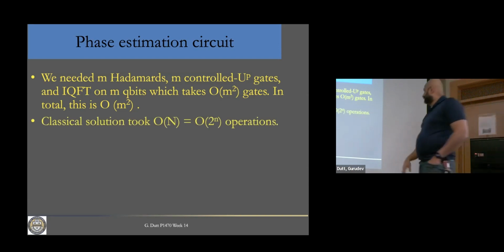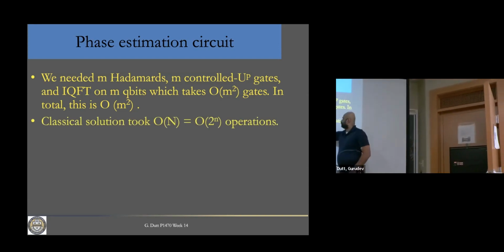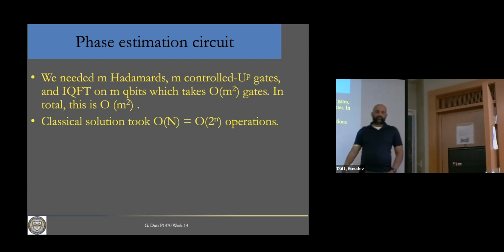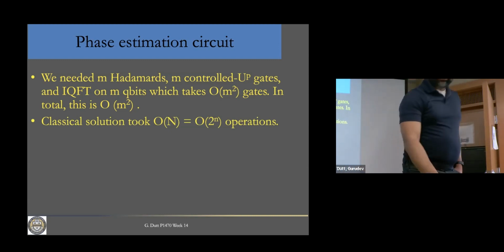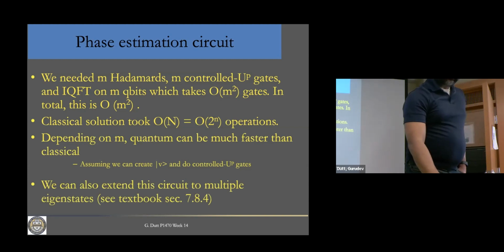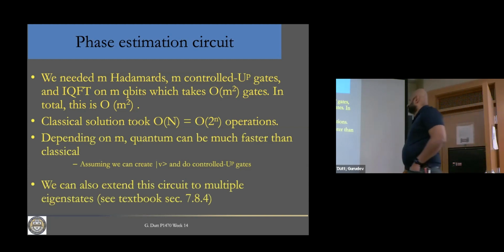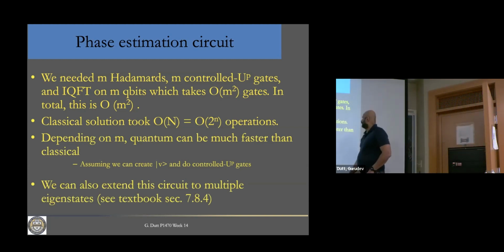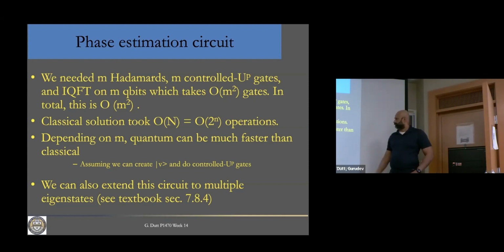The classical solution, to recall, took order N, which is order 2^n operations. So it depends on what m is, but m squared can be much smaller than 2^n, depending on the value of m and the value of n.